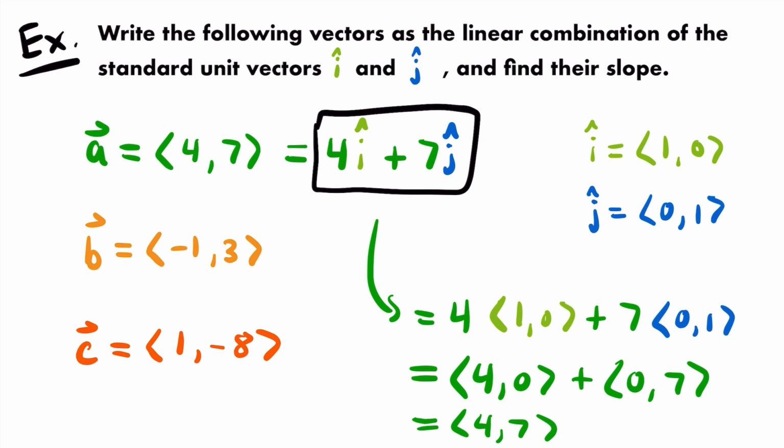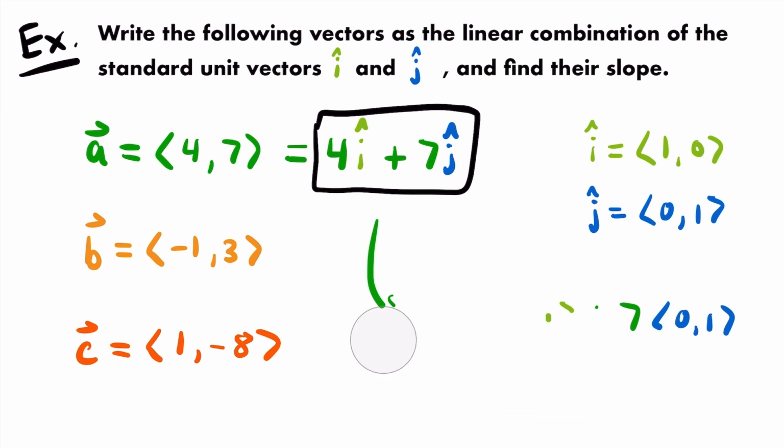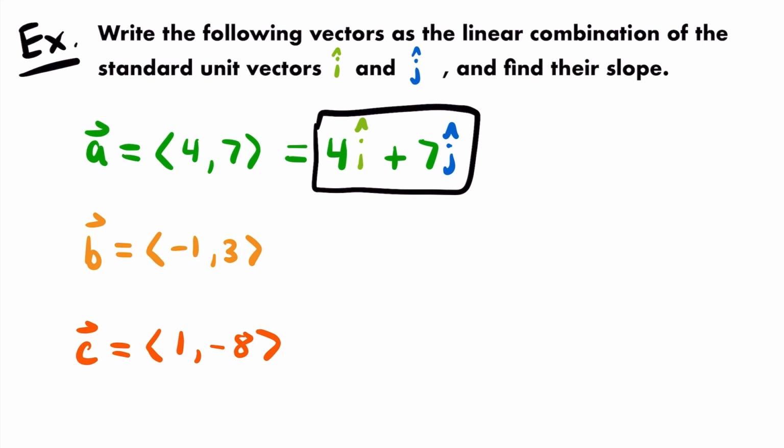Okay, so that's what we're doing when we rewrite our vectors as the linear combination of the standard unit vectors i and j. We're not changing the vectors in any way, we're just rewriting them differently. Now, following that same pattern for our other two vectors, vector B will be equal to its x component of -1 multiplied by the standard unit vector in the x direction, which is i, and then we'll add that to the y component of 3, so we'll have 3 multiplied by the standard unit vector in the y direction, j.